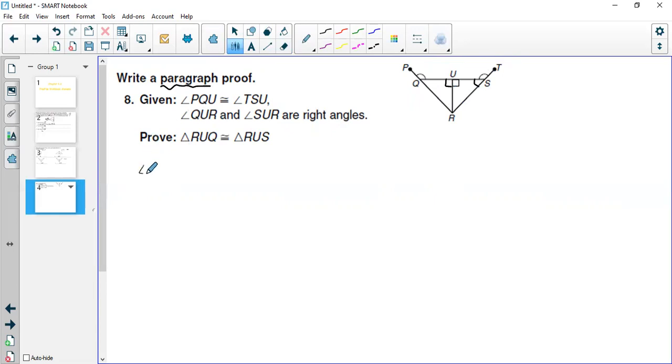They have given us triangle PQU is congruent to triangle TSU. So you're going to write a paragraph, which means you have to include verbs and conjunctions, all these things. So triangle PQU is congruent to triangle TSU is the given information. Before we used to just write given, so here we are writing is the given information.